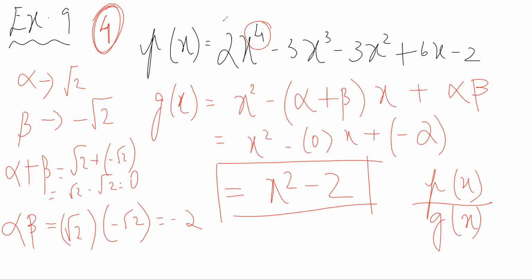Therefore, we simplify this polynomial with a degree 4 to two quadratic polynomials. Okay. So this is one quadratic polynomial. The g of x that we have got is one quadratic polynomial. So let's divide p of x by g of x.